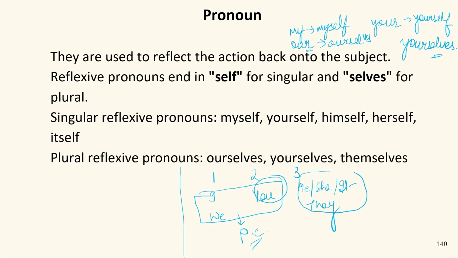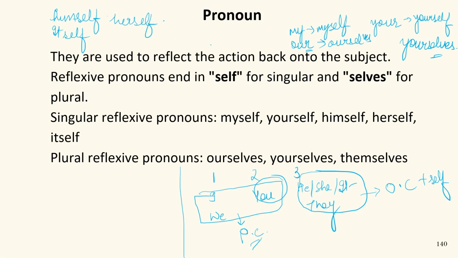Now, in case of third person, we add the word self with their objective cases. For example, the objective case of he is him. So we'll add self to this word, that is himself, itself, herself.